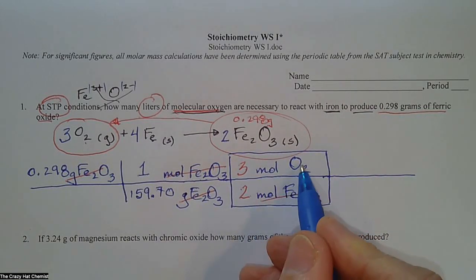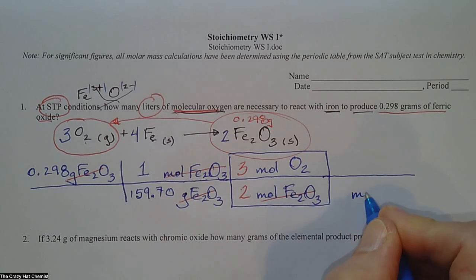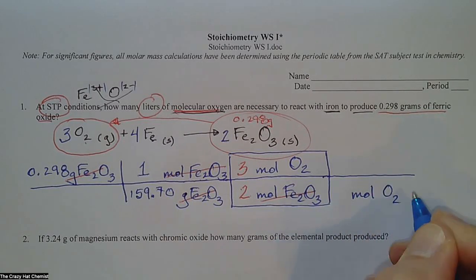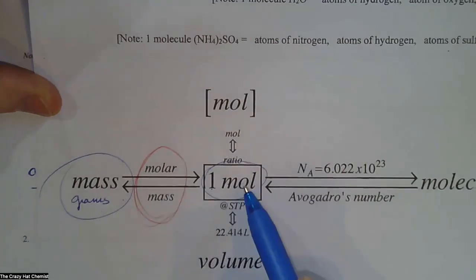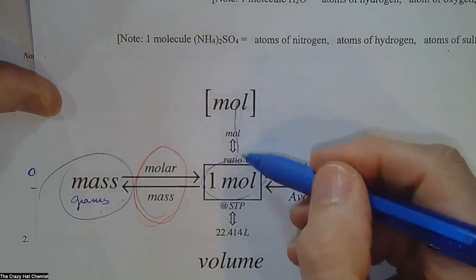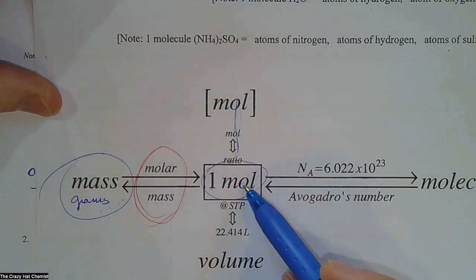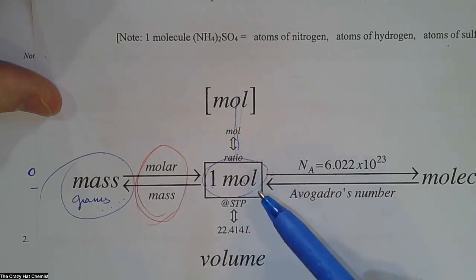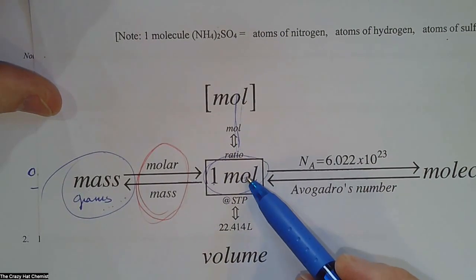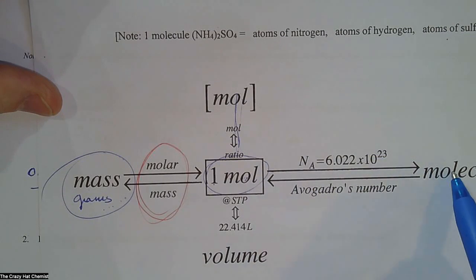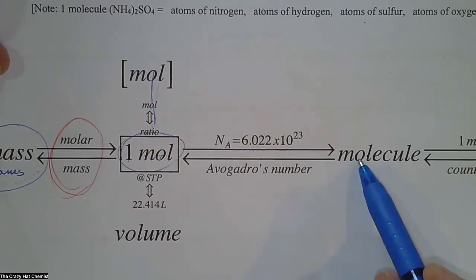All right, I have one more step that I'm going to do. And now that I have moles of O2, I'm going to have moles of O2 here down in the denominator. Right now I'm going to pull out my flow chart, and I have moles. I've used the mole ratio. I've gone back and forth over here, and now I have moles. So I'm going to go from moles, and I could go to molecules, which would be to the right.